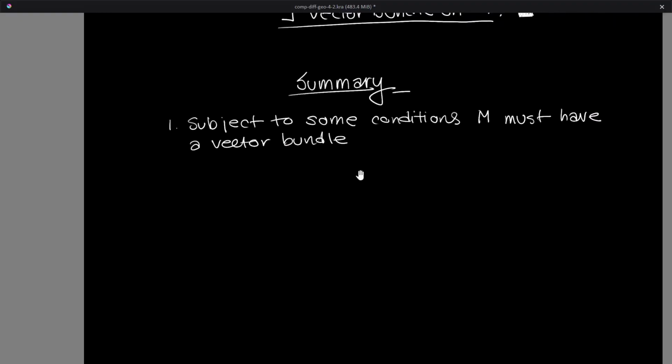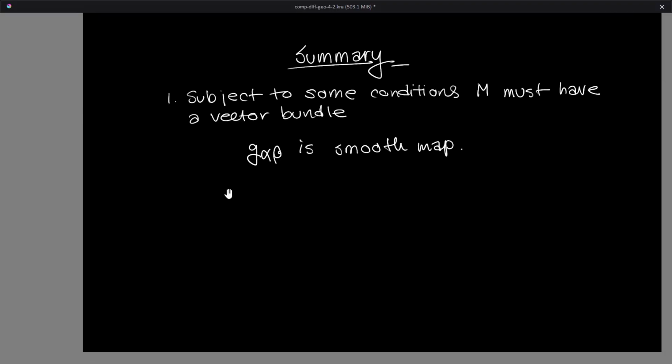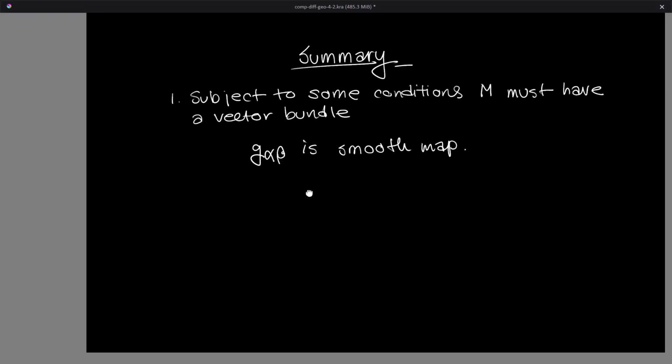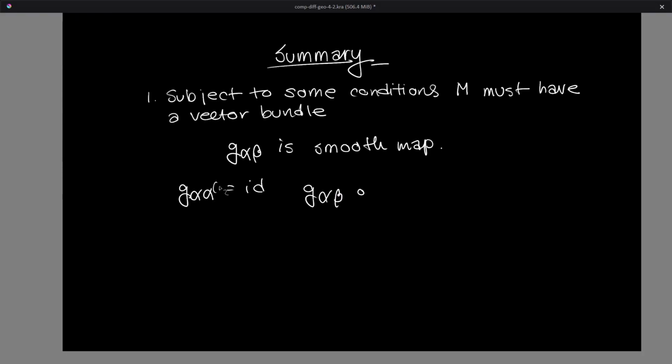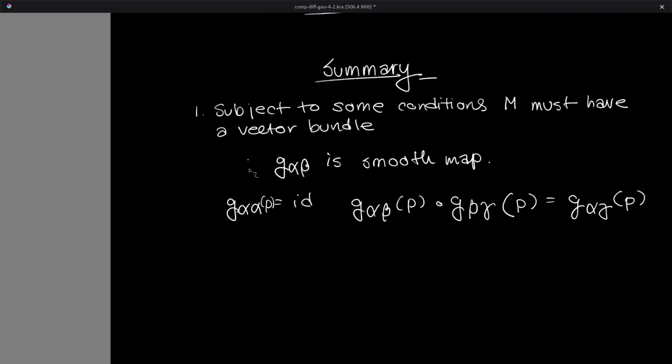Those conditions were essentially that G alpha beta is a smooth map, that G alpha alpha is equal to the identity, and that G alpha beta of P after G beta gamma of P is equal to G alpha gamma of P. So if these are true, these are the most important conditions.